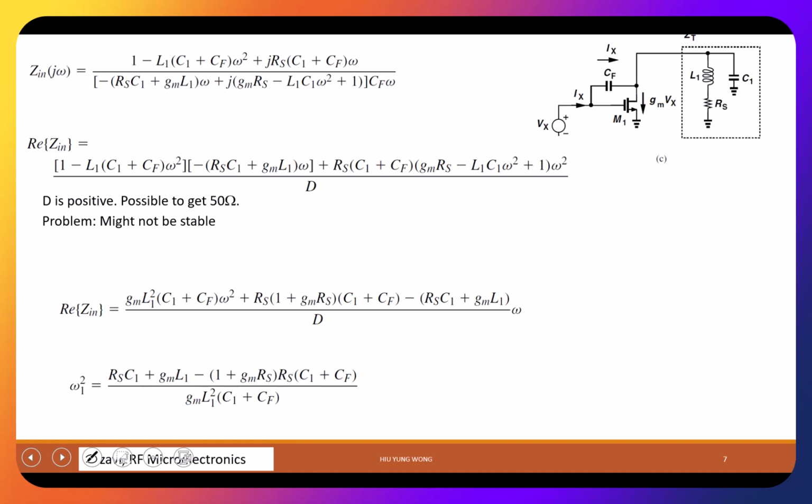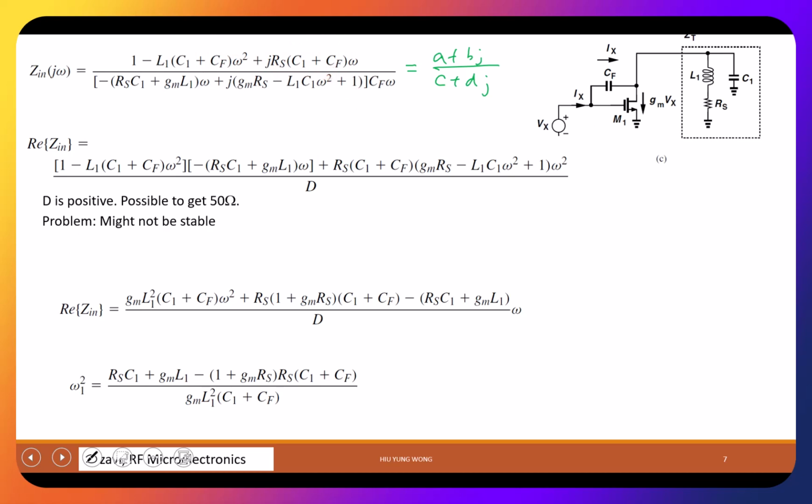So of course, this is in the form of A plus Bj divided by C plus Dj. They already group into a real part here and imaginary part. This is real part. This is imaginary part.